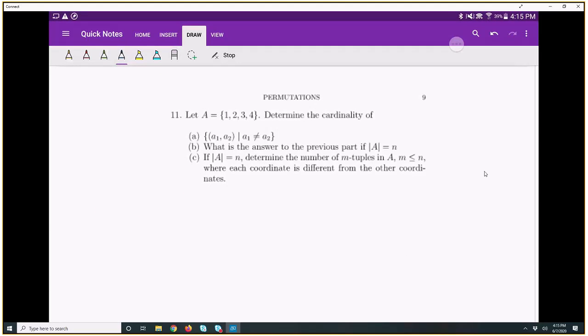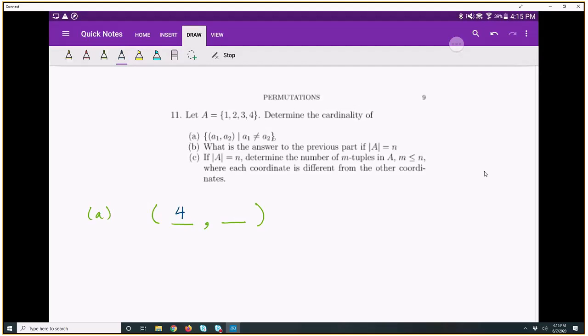All right. Now let A be the set 1, 2, 3, 4. Determine the cardinality of the set of ordered pairs (A1, A2) such that A1 is not equal to A2. So an element of the set is going to be of the form blank, blank. And for the first element, I have 4 choices.